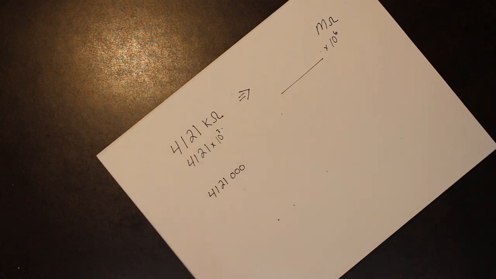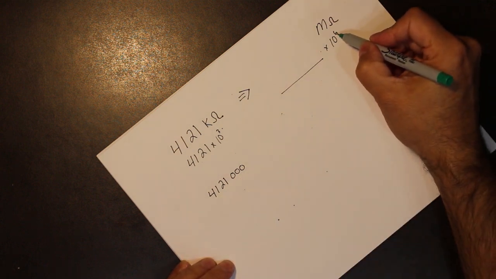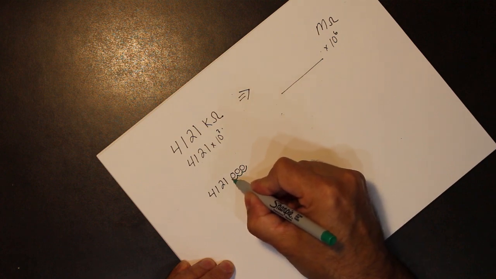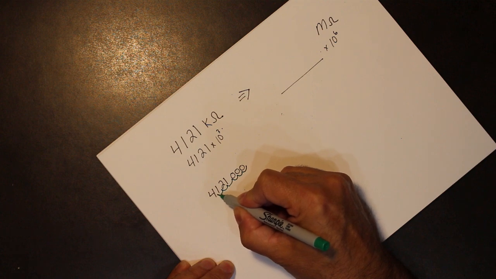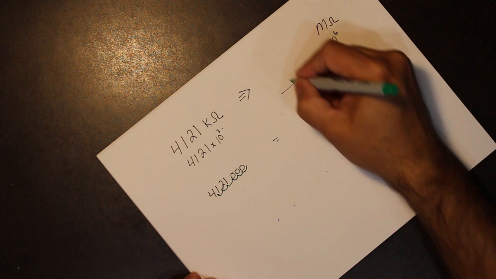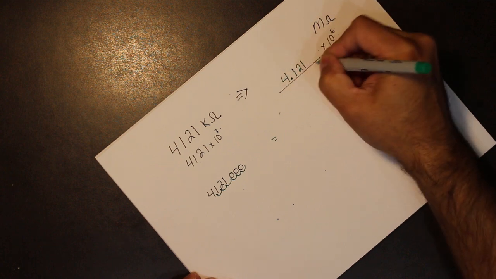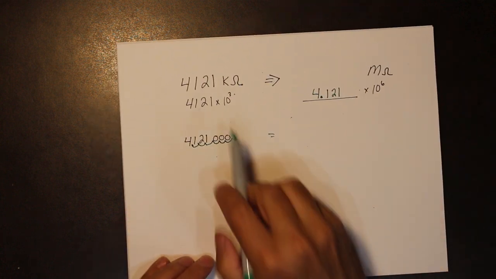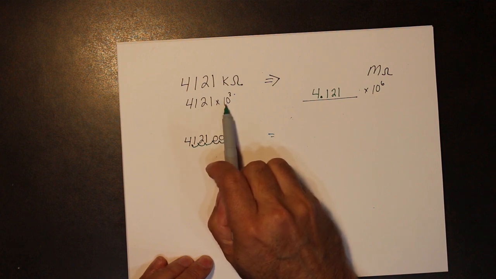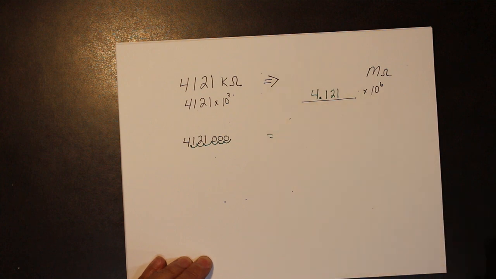We want it in mega, which is 10 to the 6th. Take the decimal point and move it 6: 1, 2, 3, 4, 5, 6. So that becomes 4.121 times 10 to the 6th. So 4,121 kilo is the same as 4.121 mega.